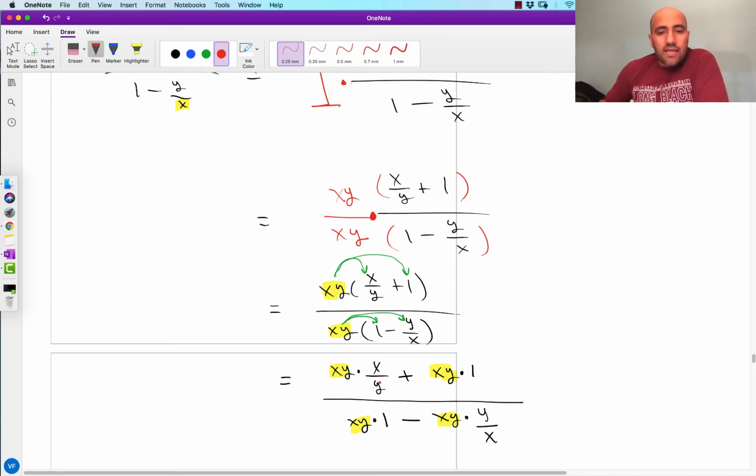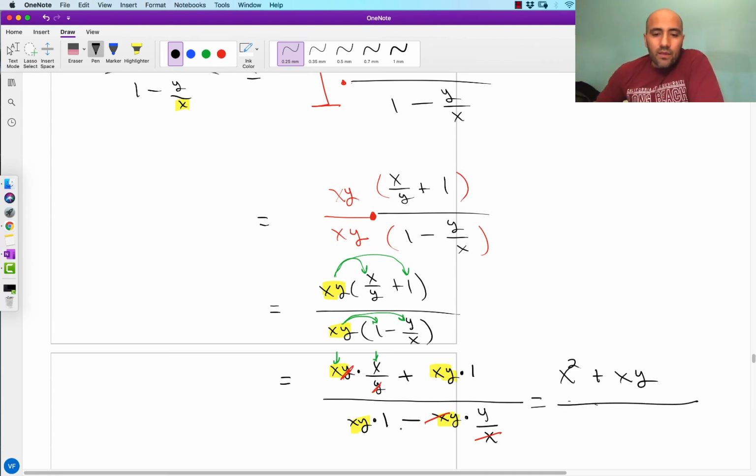But what's important is that these little fractions will reduce. The y cancels with that y, and this x cancels with that x. And so what we get is the following. These ugly things will reduce to just x times x, because the y's canceled. So I'll be left with just x squared plus xy, because 1 times xy is just xy, divided by xy times 1, which is also just xy, minus, and again these canceled, so I'll be left with just y times y.